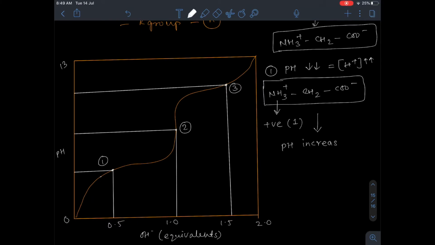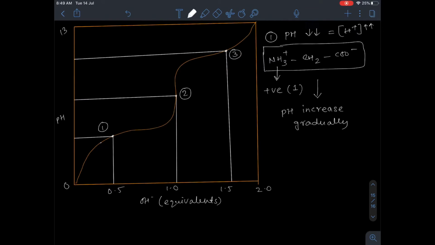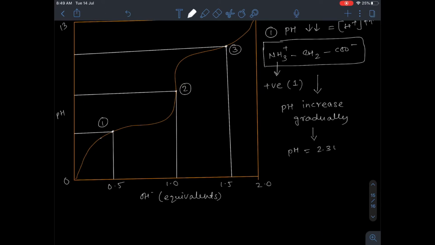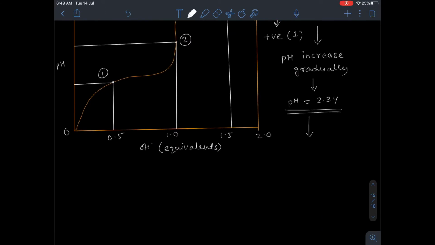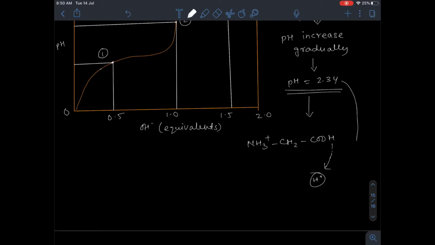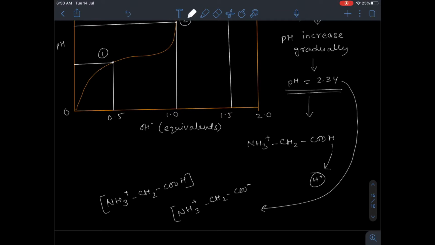Now pH is increasing gradually. At this stage, when pH is equal to 2.34, from COOH, H+ will start being removed, and at this particular pH the concentrations of NH3+CH2COOH and NH3+CH2COO negative will be in an equimolar state.